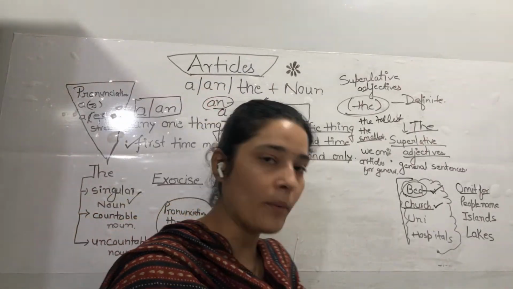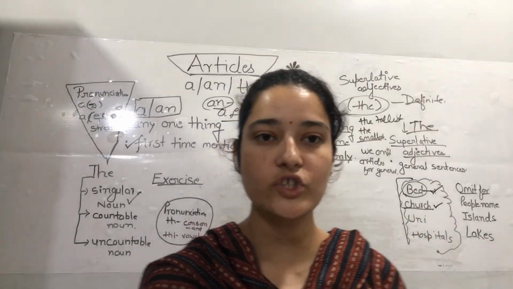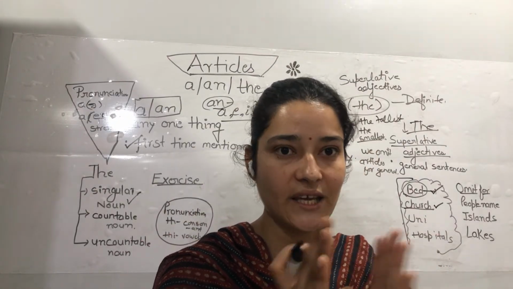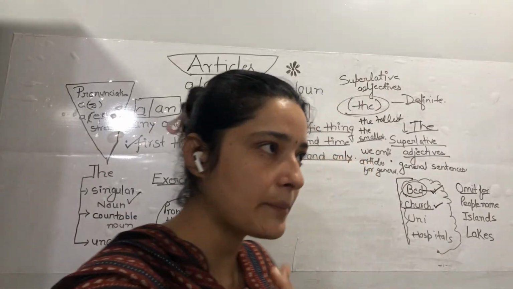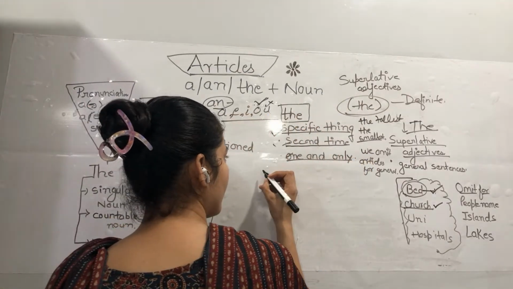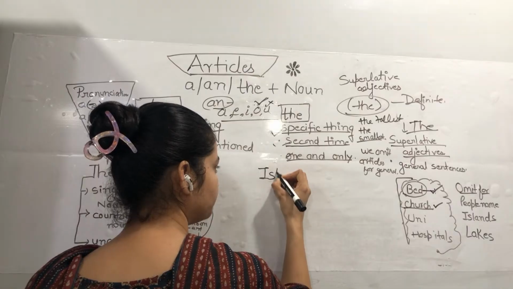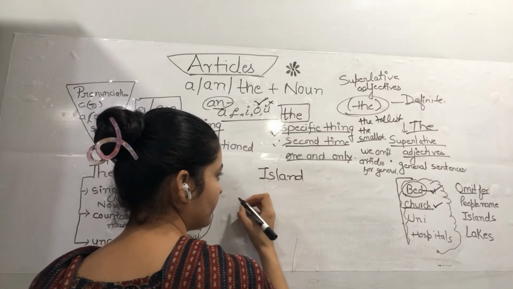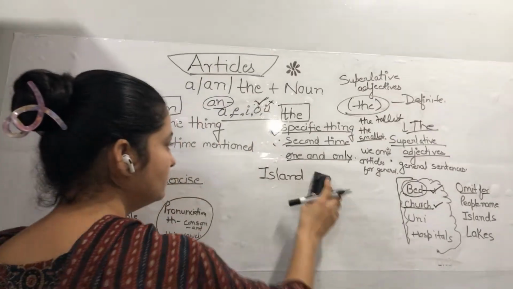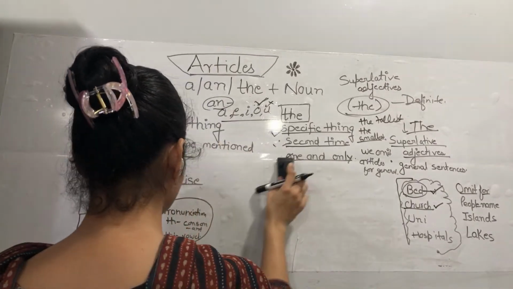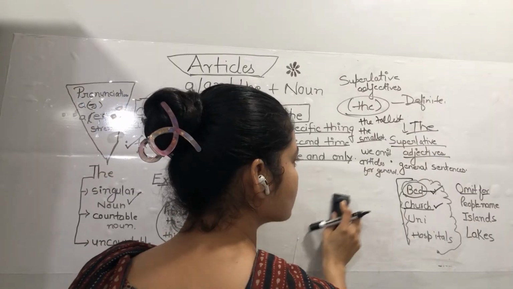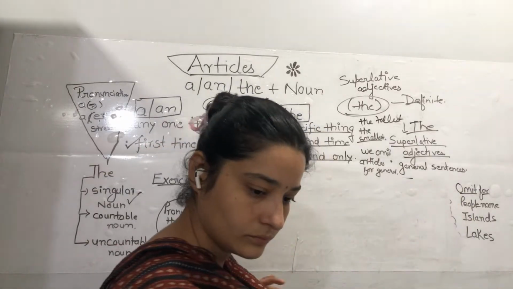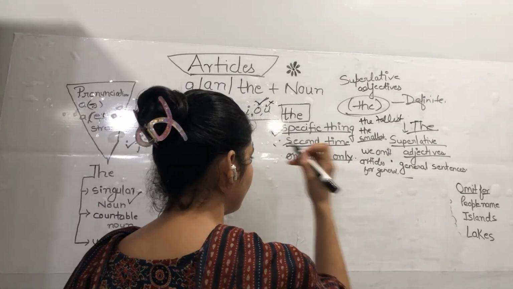So we can omit not only for these things which I taught you, that any presence is there or they stay there. There are some other things also. Like if I say island, name of an island.